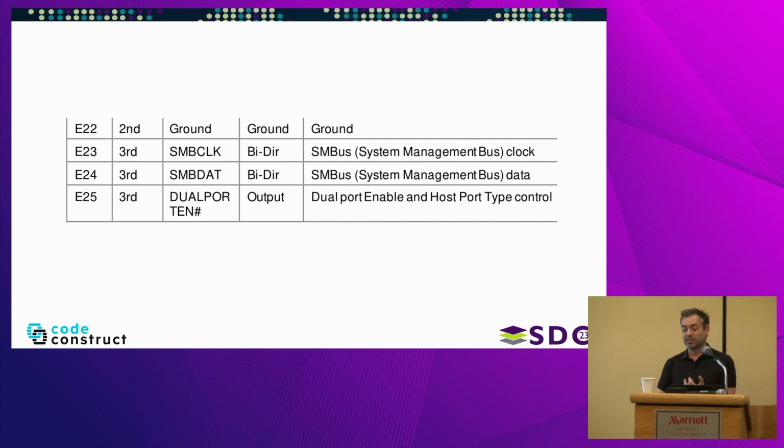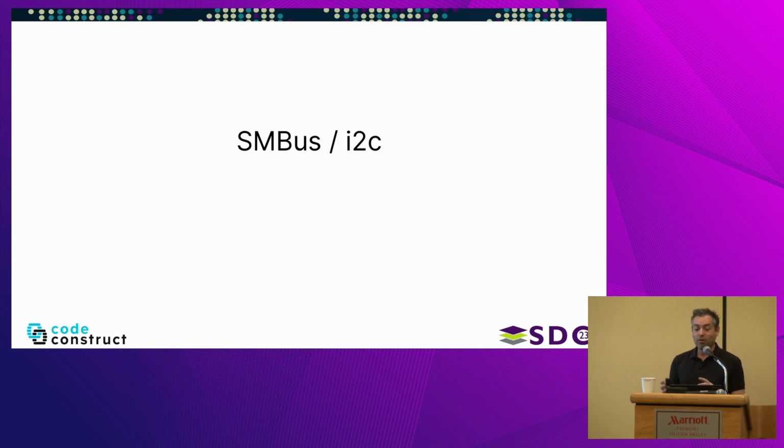That allows us to do a bit of debugging. It's certainly not a production part. It just helps us with our own bring up in getting the management side of things talking to our development environment. So walking a level up the stack here, over those signals we have our SMBus I2C channel.